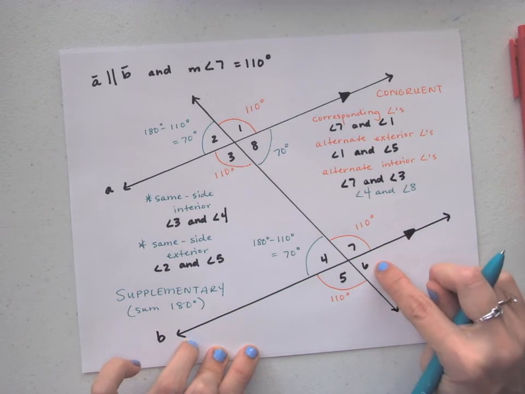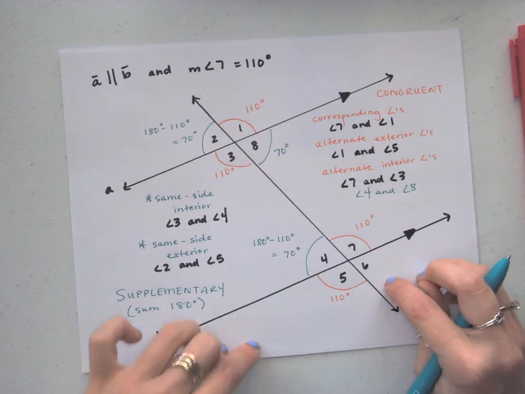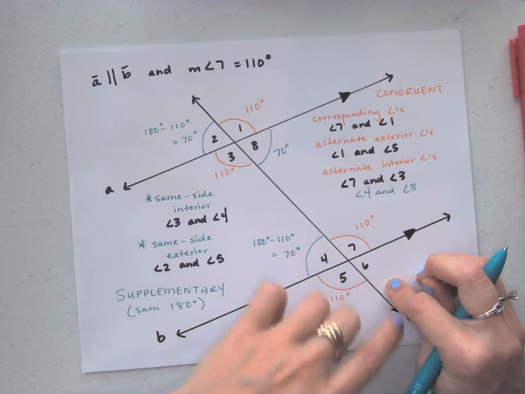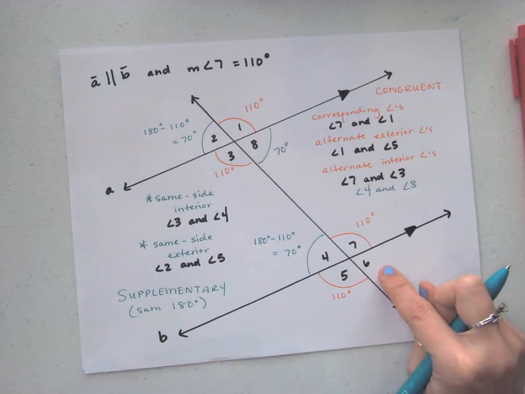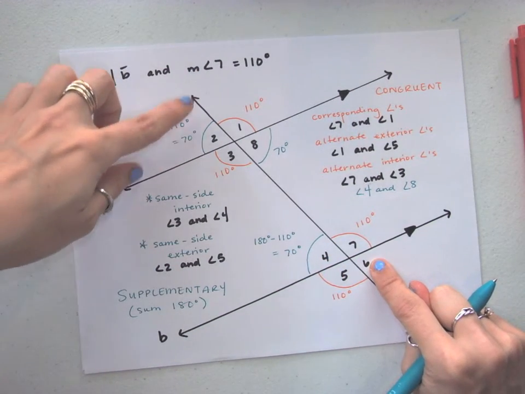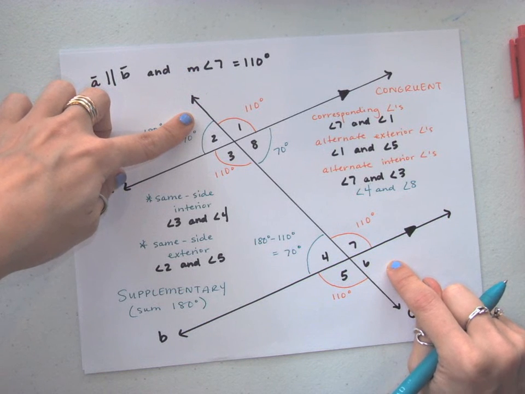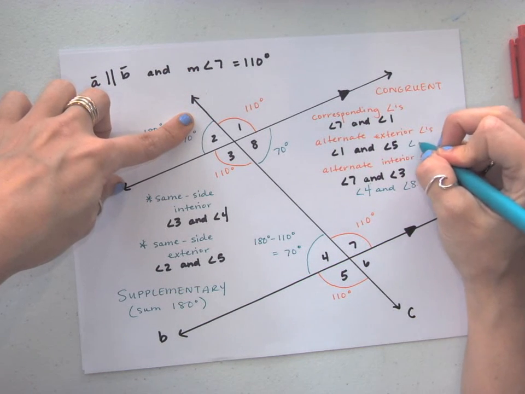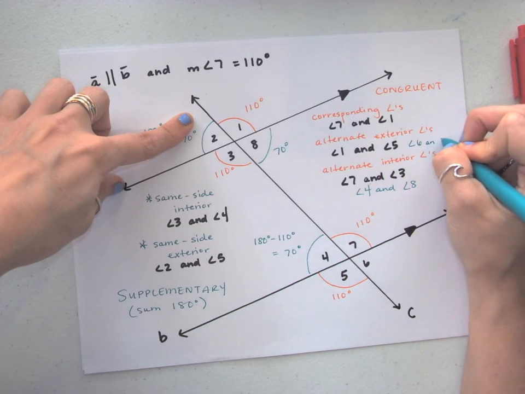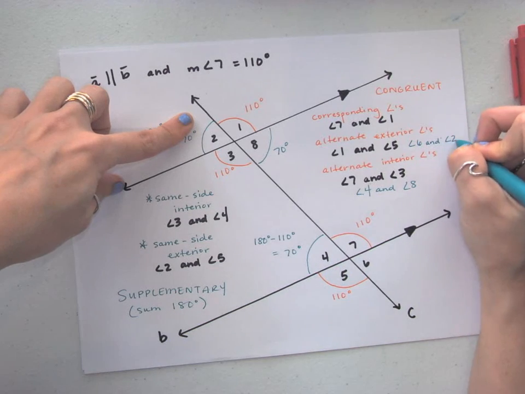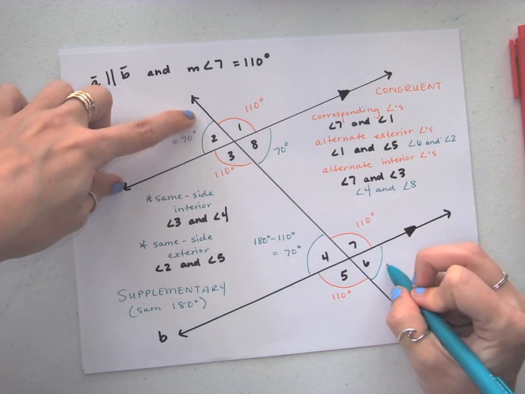And similarly for angle 6, we could do same side if we want, but we could also do alternate exterior angles. Angle 6 and angle 2 are alternate exterior angles, and alternate exterior angles are congruent. So therefore, angle 6 also has to be 70 degrees.